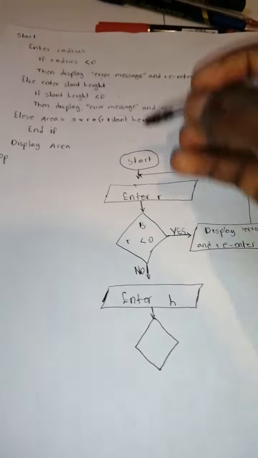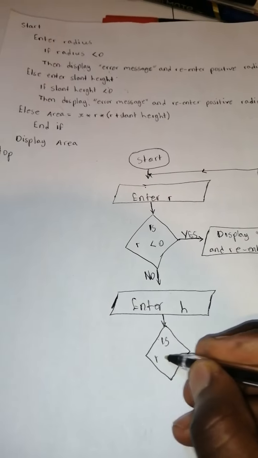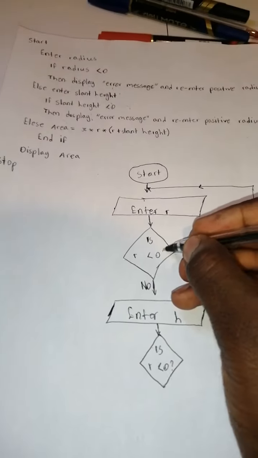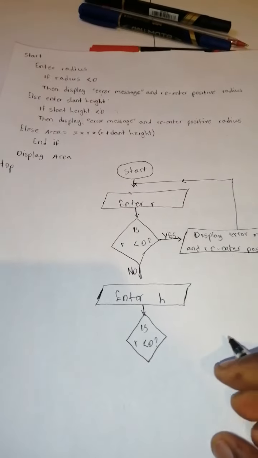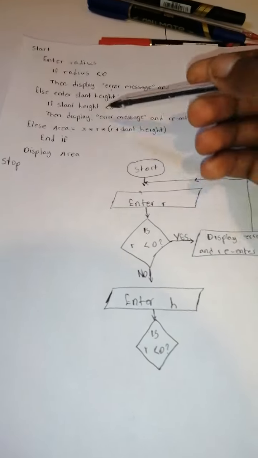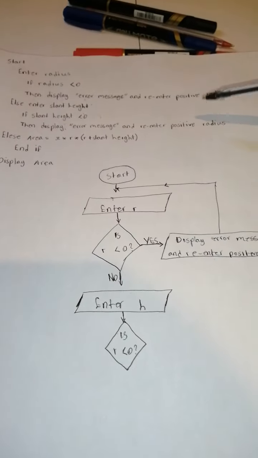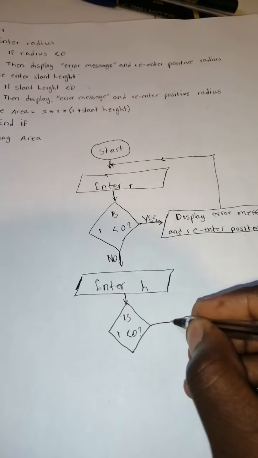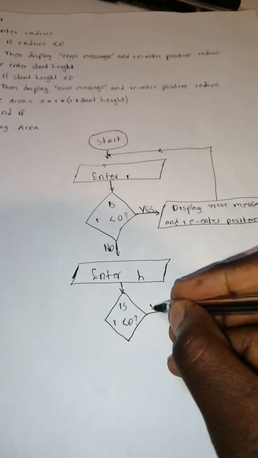Again, instead of writing if, I'm going to say is h less than 0 and then add the question mark like that. The next step is then display error message and re-enter positive radius. Whenever you see then, you're going to draw an arrow like that again, and on top of that arrow I'm going to write yes.